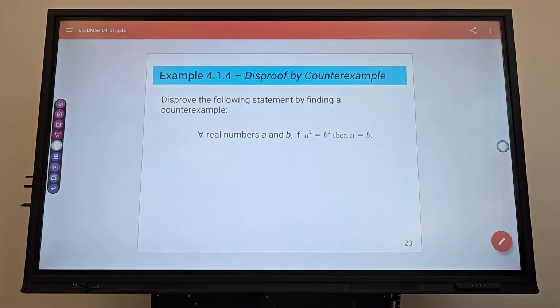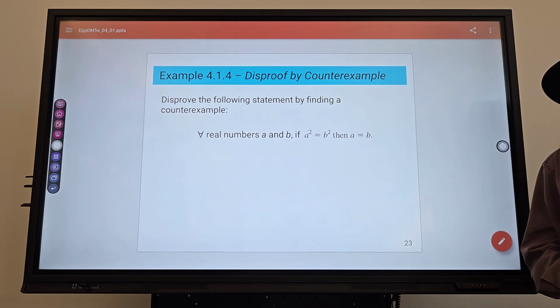What's a counterexample? A and b equal what? No, because 3 squared and 4 squared are not equal. The squares have to be equal.